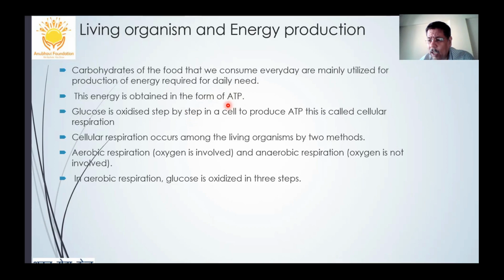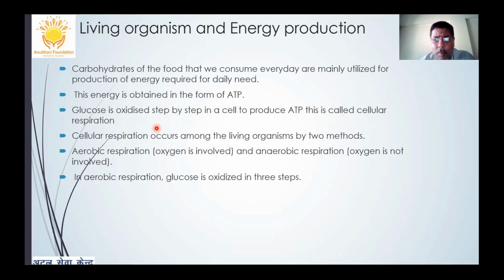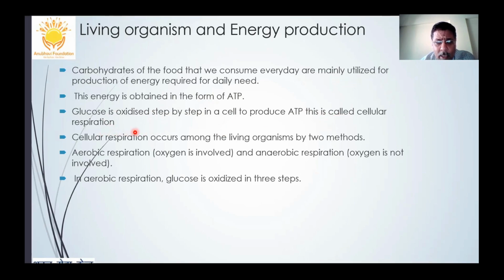The chief substrate, meaning a substance which will be oxidized, is glucose, which is oxidized step by step in a cell to produce ATP. That is called cellular respiration. Cellular respiration occurs in living organisms by two methods: aerobic respiration, where oxygen is involved, and anaerobic respiration, where oxygen is not involved.